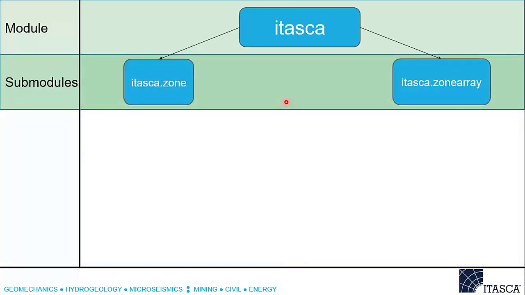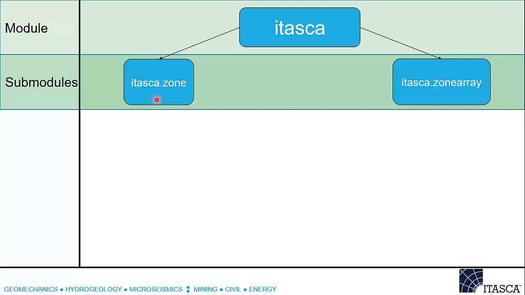As two examples, one is the Itasca.zone submodule, and its equivalent in the array-oriented interface is the Itasca.zone array module. One thing to note is that for all of the types within the software, their equivalent submodules are all named in the same way. Grid points, for example, are called Itasca.gridpoint, and its array interface is Itasca.gridpointArray.